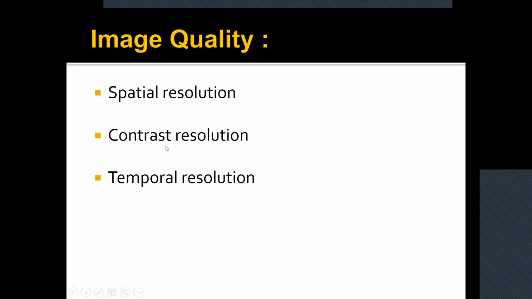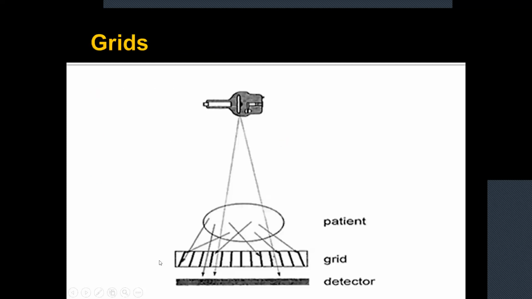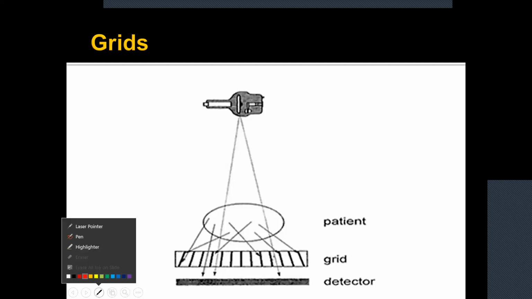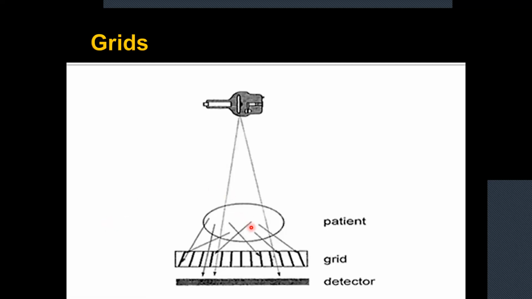Okay, now here's what we mean when we talk about image quality. So here we have a metal grid. If you look here, you'll see these rays that are hitting the walls of this grid.